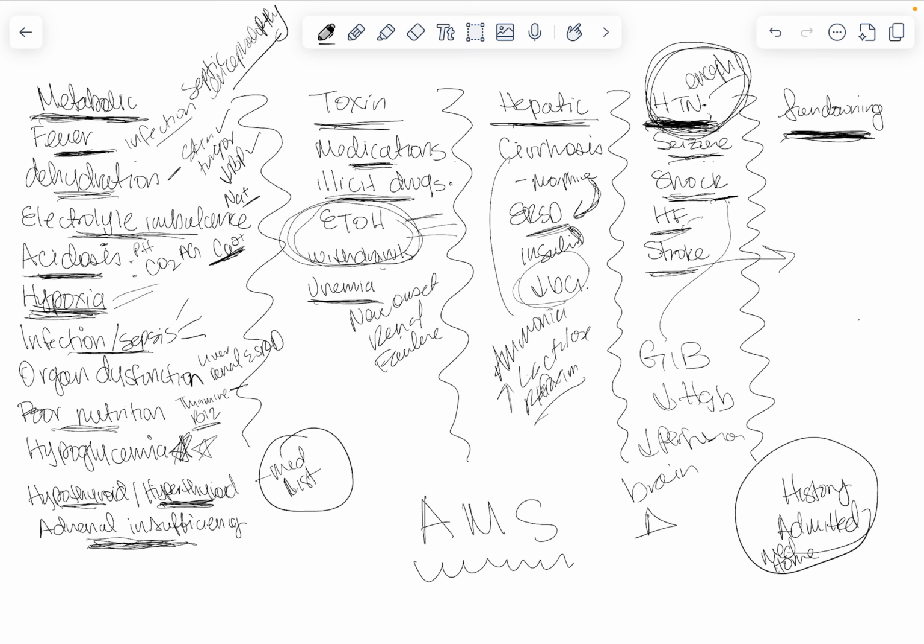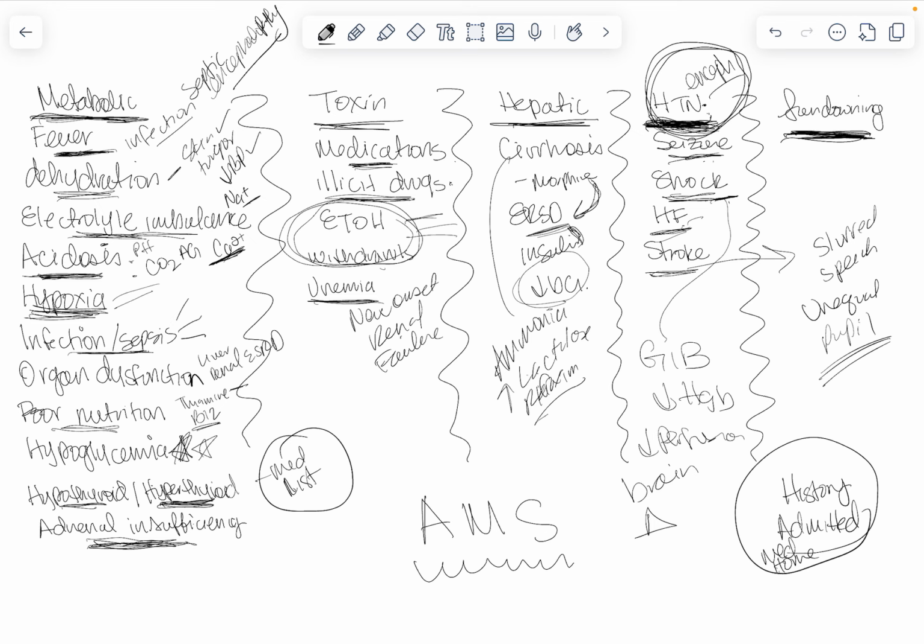So let's talk about stroke real quick. Let's say your patient is fine. Now all of a sudden, they have slurred speech, right? Unequal pupils. Always, please check pupils, guys. Always check pupils for any reason why they're confused.